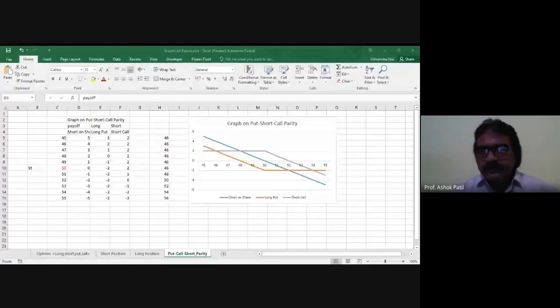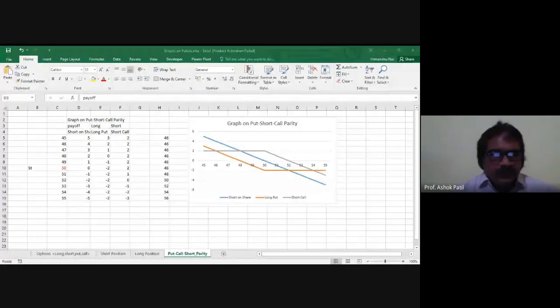Okay, a round of applause for Himanshu. Okay, go ahead, Himanshu. Can you share your screen and explain minus S minus P plus C, what output it is going to give us? Okay, so you already did something here, I believe.